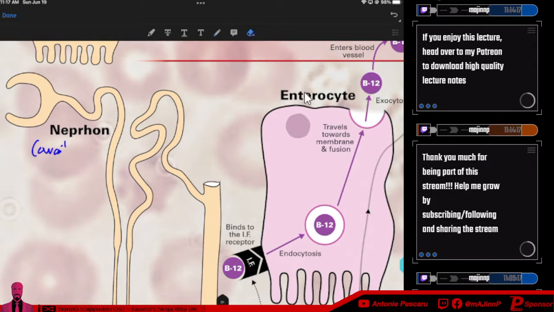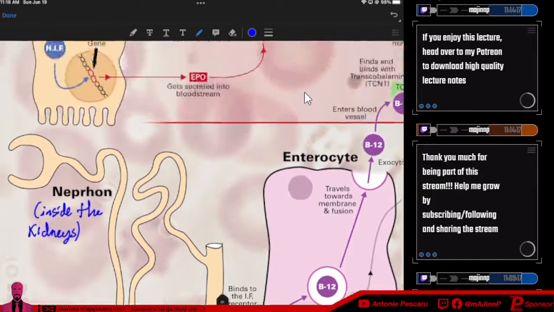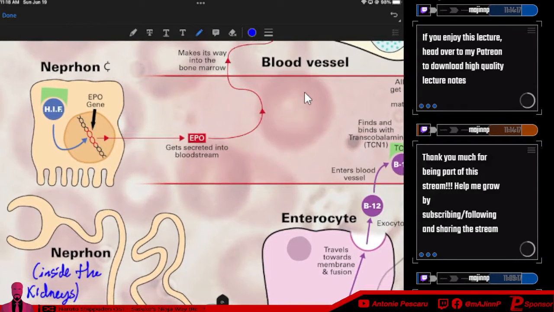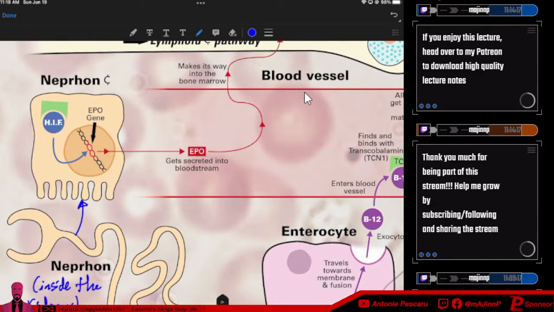Nephron inside the kidneys. Yeah. So this is usually a nephron that is going to synthesize what we're looking for, which is EPO, which stands for erythropoietin, which is available in these nephron cells.